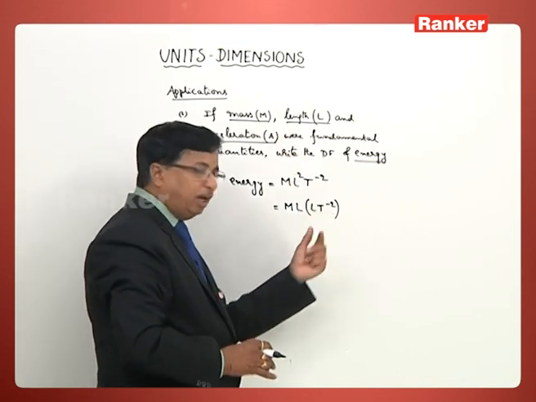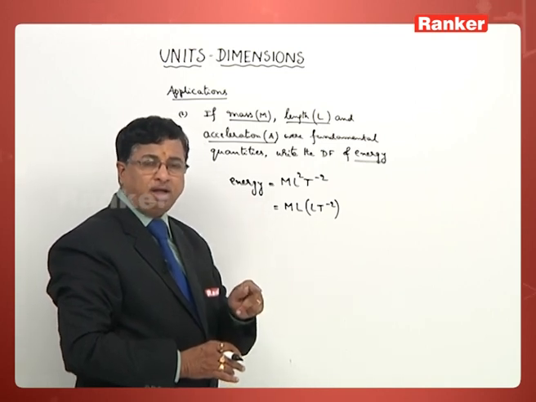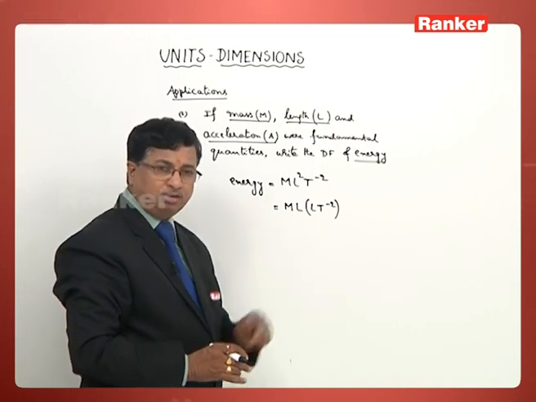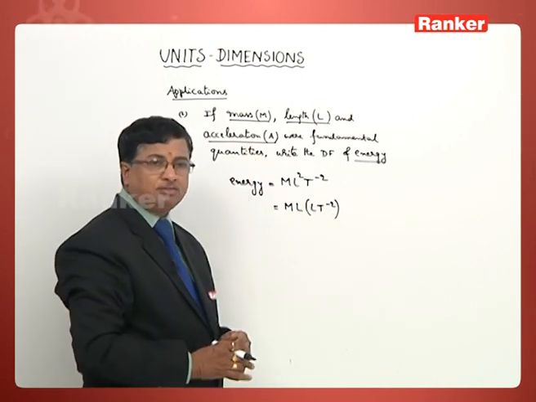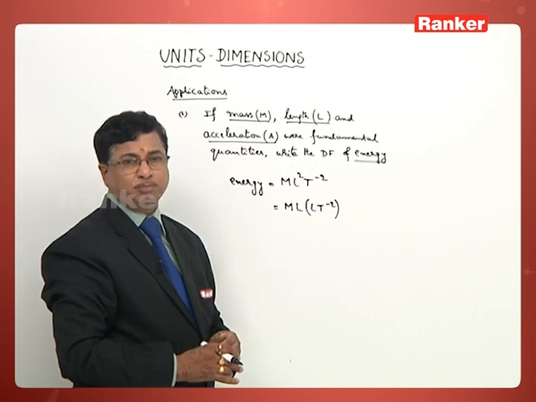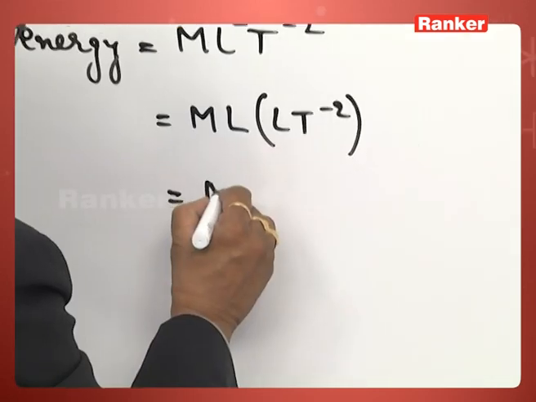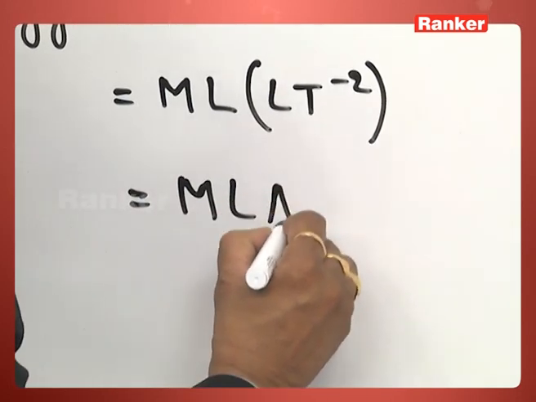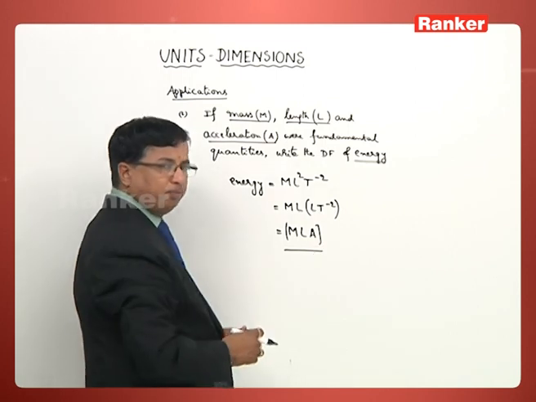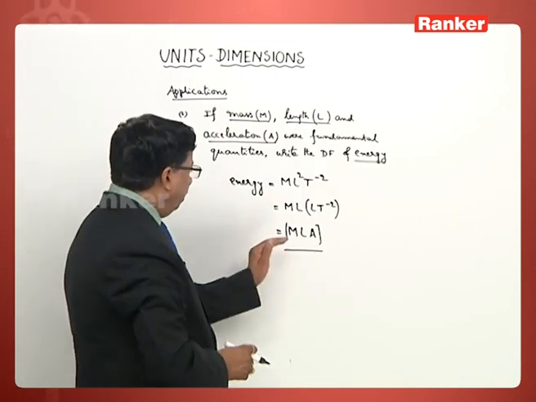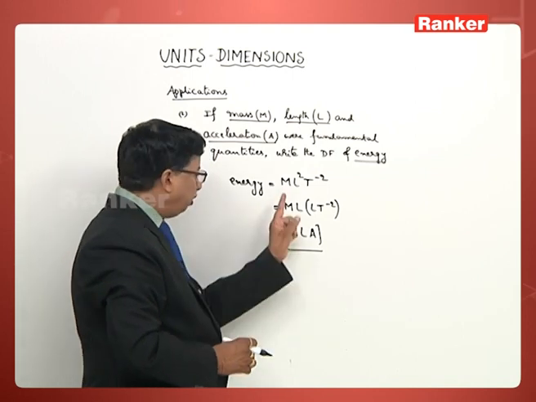And we know L T to the power minus 2 is the dimensional formula for acceleration. Therefore, in place of this, I can write acceleration as the third fundamental quantity. Now, what would be the dimensional formula for energy now? It is M L A. That is the dimensional formula for it. So, it is M to the power 1, L to the power 1, A to the power 1.